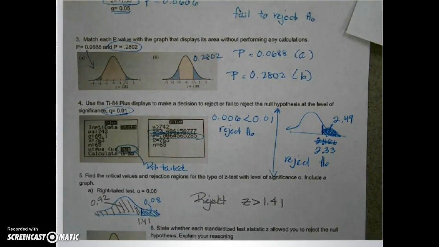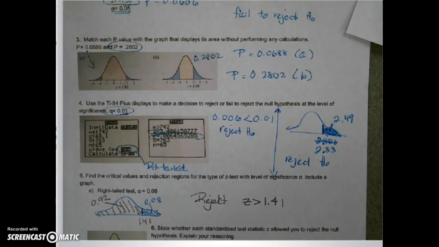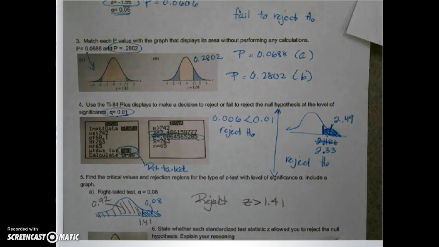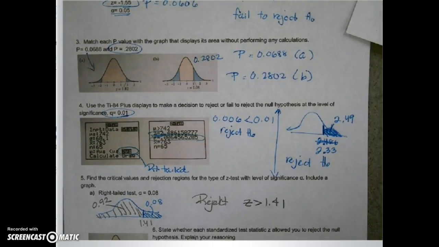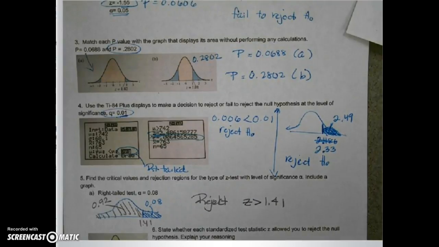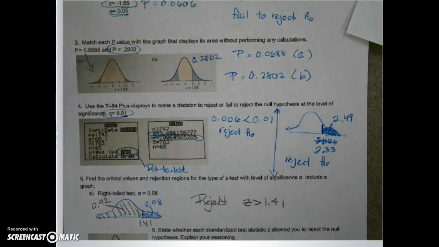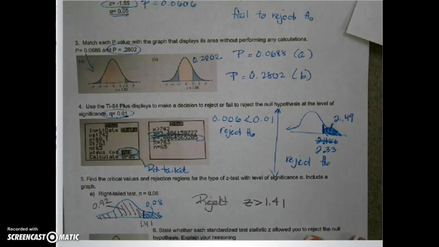If it's in the shaded, because here's 1.96 and 1.98 is just after it, I'm going to reject. For part B, you have negative 1.89. That's right before negative 1.96. So that's not in the shaded, so I'm going to fail to reject it.